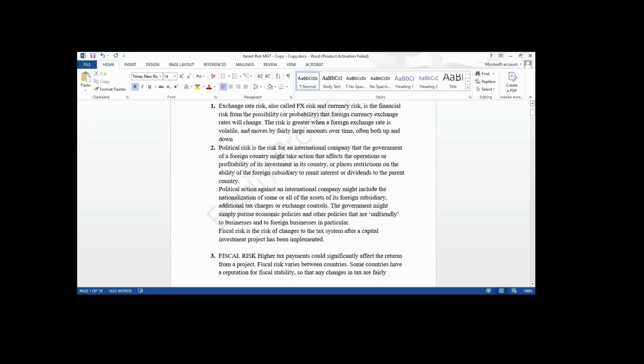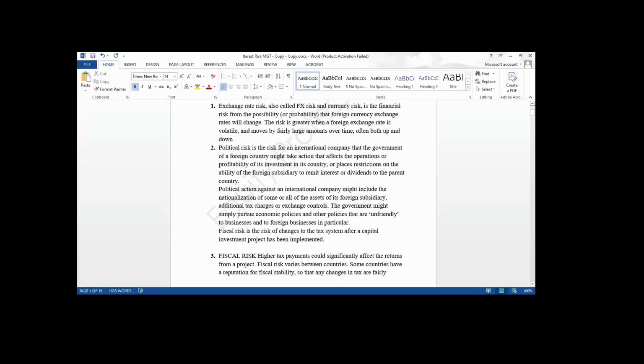And fluctuation in exchange rates can affect your investments either positively or negatively. Fluctuation in exchange rates can reduce the return from your foreign investment. So there is the issue of exchange rate risk.